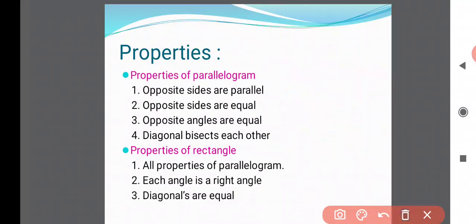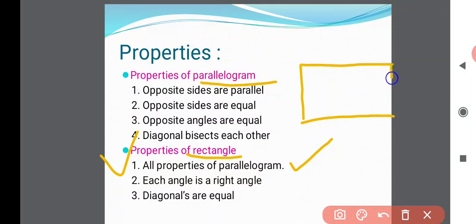After this, let's see the properties of a rectangle. As we know that a rectangle is a special type of parallelogram, it satisfies all the properties of a parallelogram. Meaning in a rectangle also opposite sides are equal, opposite sides are parallel, opposite angles are equal and diagonals bisect each other.